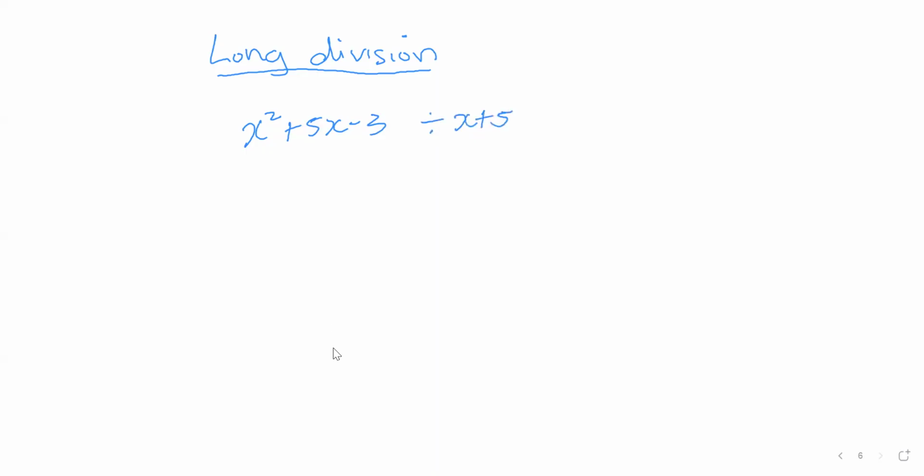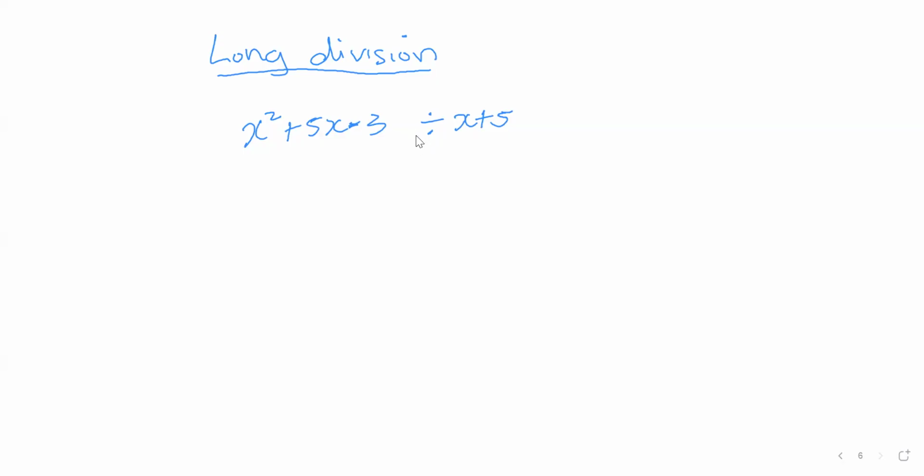Here, x plus 5 is not necessarily any term in the numerator, so it becomes difficult to divide this kind of expression with the method of division that we just saw a while ago. In this case, long division comes in to help us carry out this division.